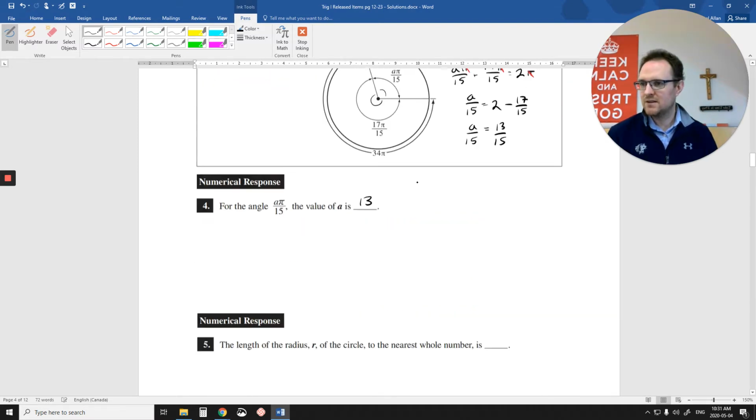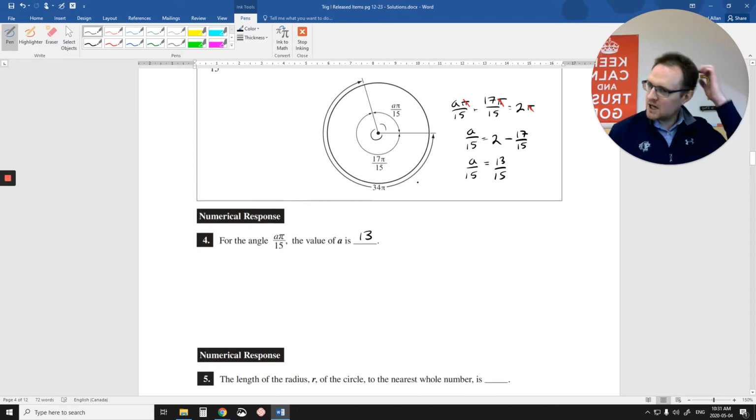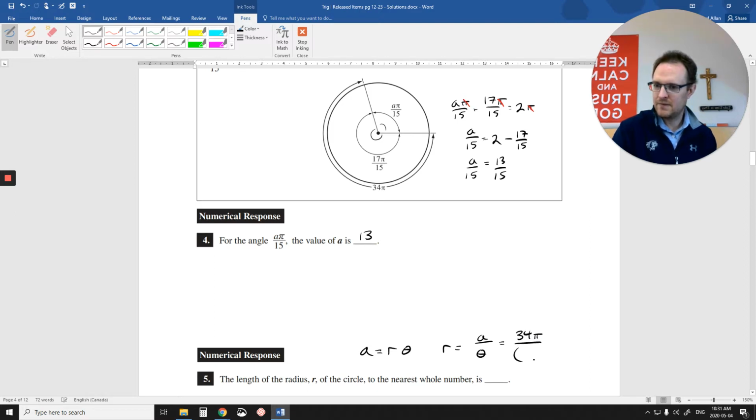Okay, the length of r in the same question. So they give us an arc length here that corresponds to this angle. So a is equal to r theta. R is equal to a over theta. A is 34 pi. And this one's 17 over 15 pi.